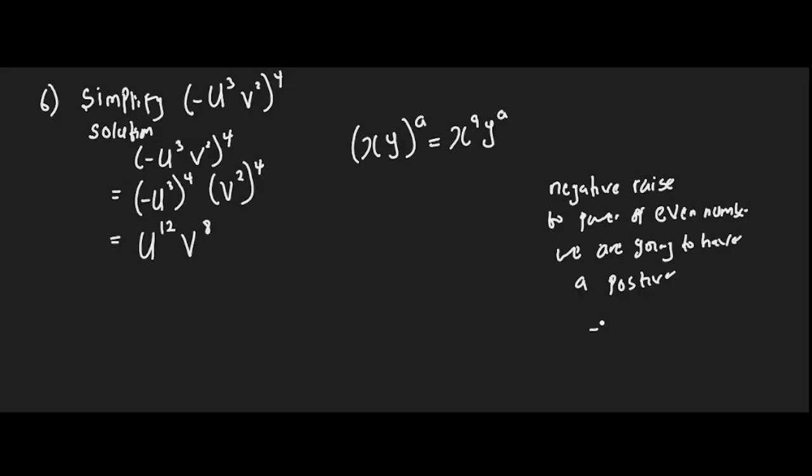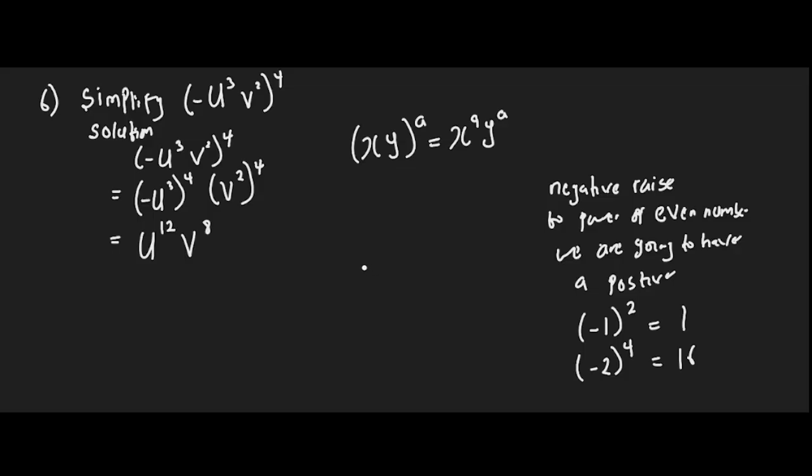That is, if we have (-1)^2, the answer is 1, since this is negative and this is even. If we also have (-2)^4, the answer is 2^4, which is 16, because this is an even number.